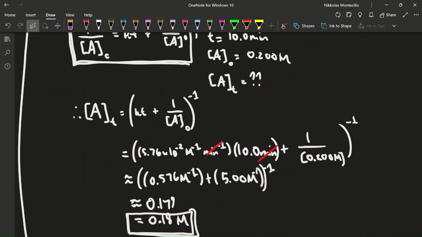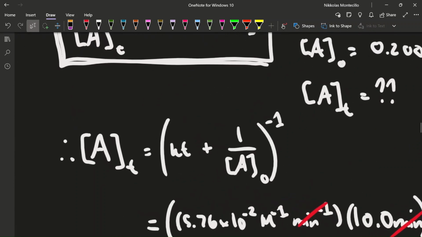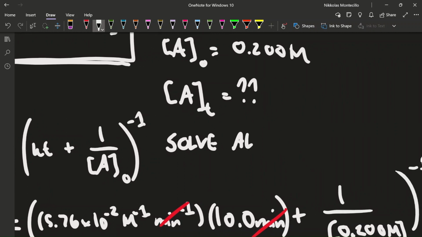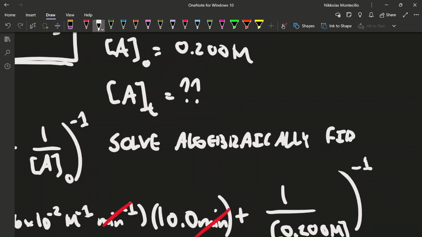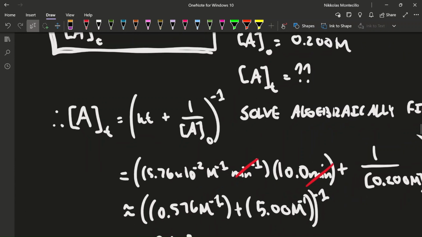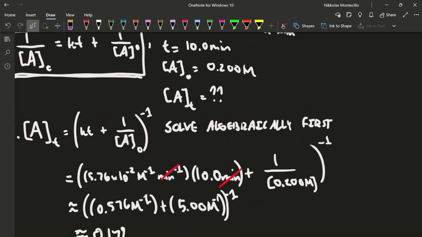Now that we've inversed the function and solved the equation algebraically, it's important that you solve algebraically first before plugging in values, right? So 5.76 times 10 to the negative 2 inverse molar concentration per minute times 10 minutes plus 1 over 0.200 molar concentration.